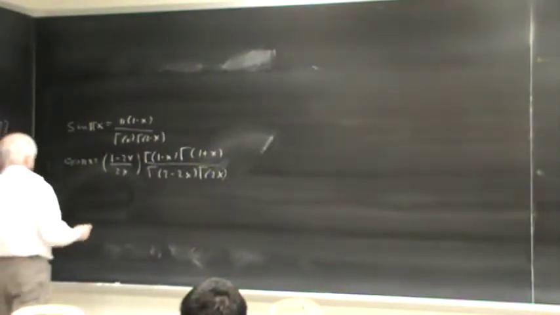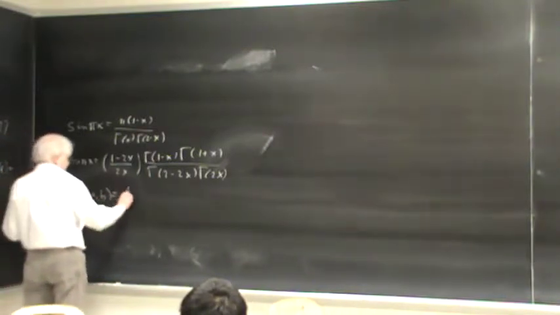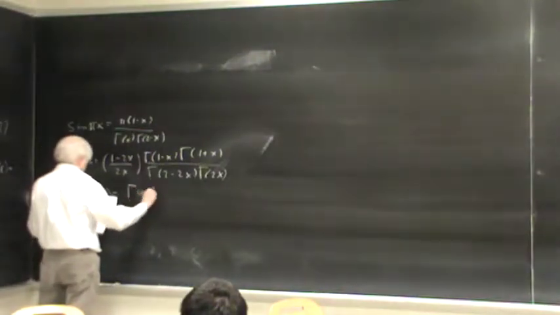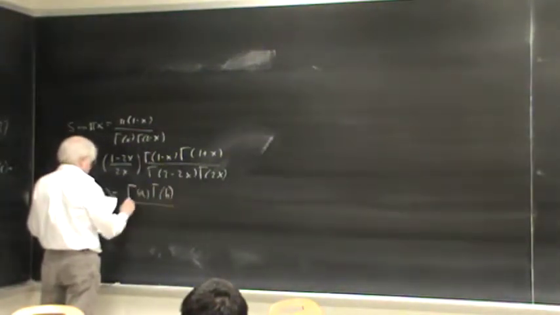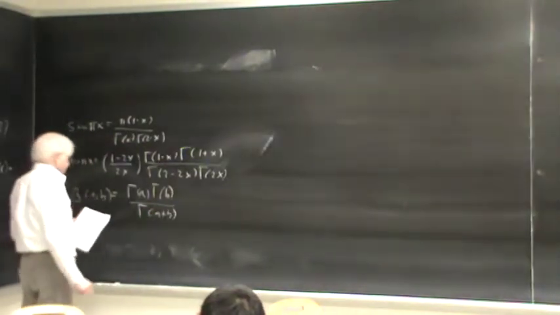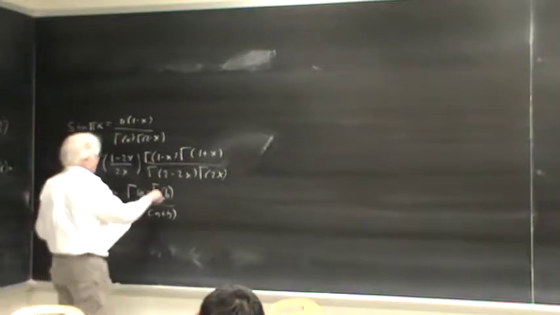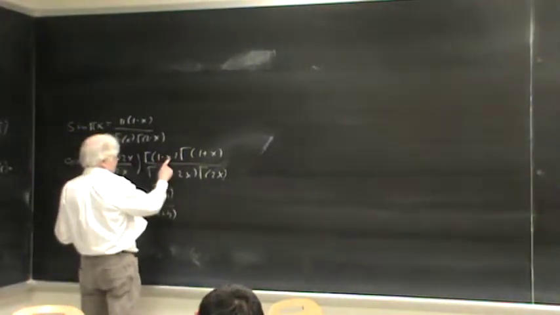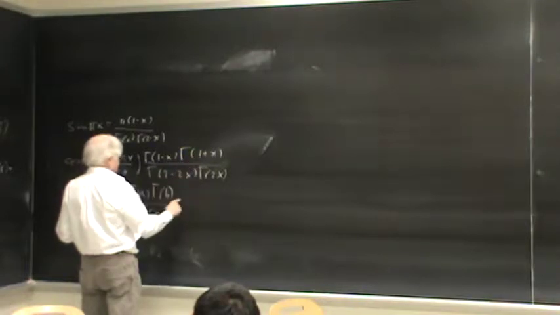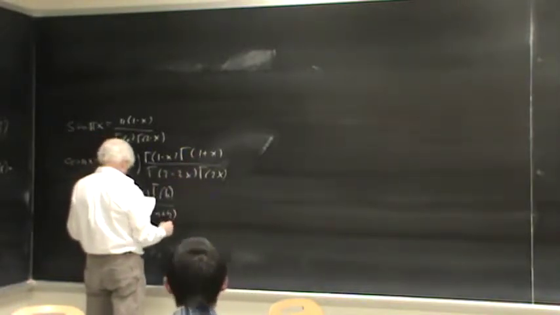There's also a beta function, beta of A, B, and this is by definition gamma of A, gamma of B over gamma of A plus B. And you can see that hiding here because this is A and that's, no, sorry, it's not hiding there.